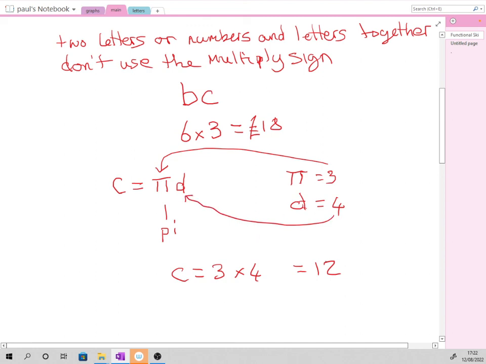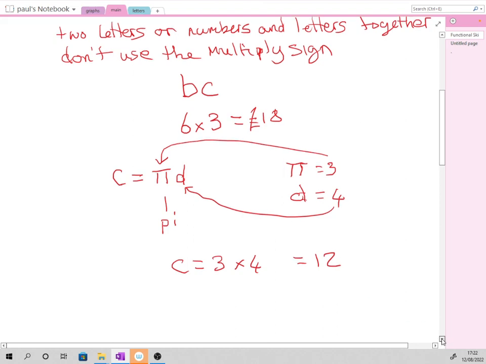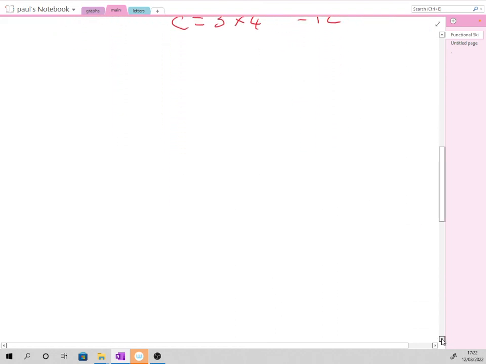Alright, hopefully that's all we need to do. Let's have a look at this one: 2a over c equals something. We need to know the values, so a equals 10 and c equals 4.